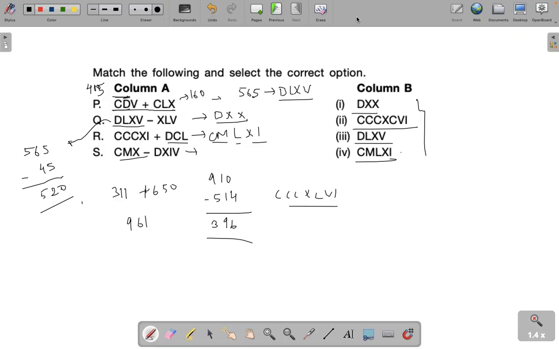Then the fifth rule was that I can only be subtracted from V and X. X can be subtracted from L and C. And C can be subtracted from D and M.